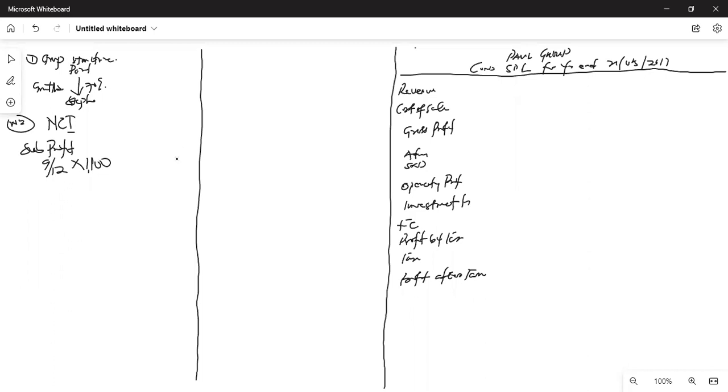When we do 9% of 1,100, what are we getting? 820. All right. Remember the things that we had to take off. There were things like PAPs. Do you remember? Fair value adjustment, depreciation. Do you remember?